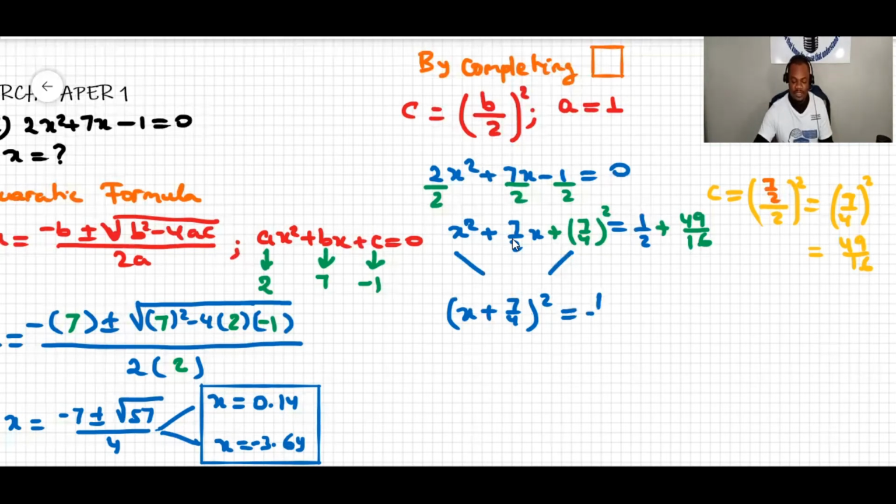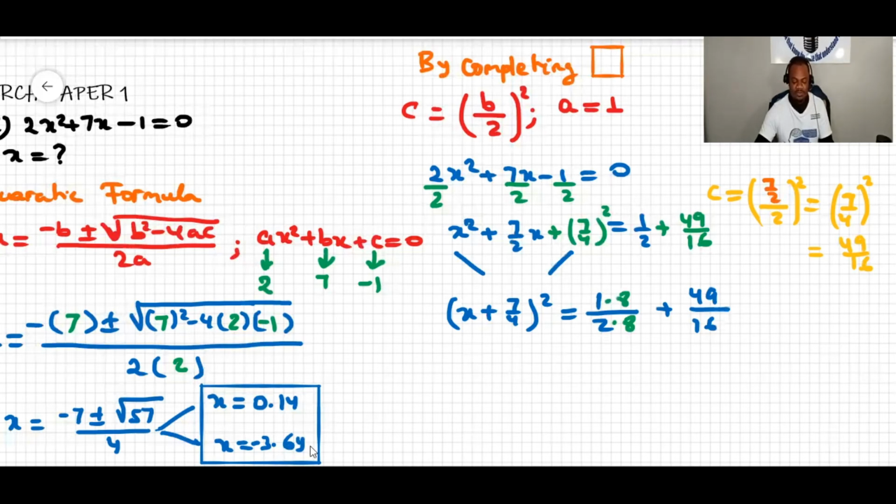Now we had a half there, so I'm going to write it like this. For me to work out this fraction, they must have the same denominator, right? So I'll times here by 8, and times there also by 8 to make my equation the same.